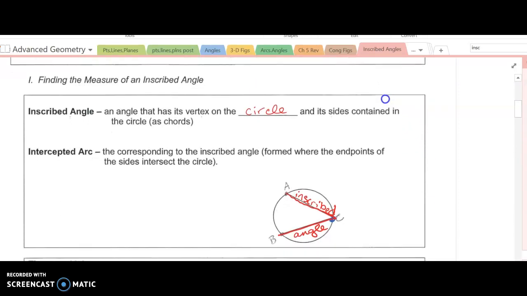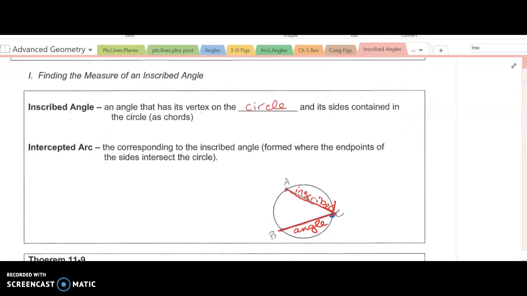And the intercepted arc, the other piece that you need to know, is the name for the arc in between the 2 legs of the angle. So this is the intercepted arc. It says where formed where the endpoints of the sides intersect the circle. It's just saying the legs intersect the circle.